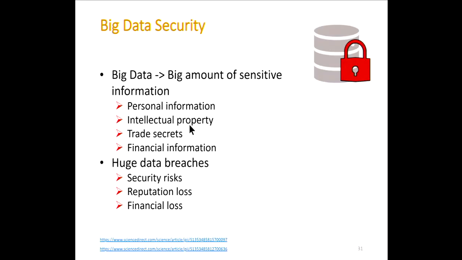Banks have a big amount of sensitive information about you. The government has a big amount of sensitive information about you. All this information is sitting somewhere on, hopefully, some secured repository. And if there is a security breach on that platform, you will be affected because this is your sensitive information that's being breached.